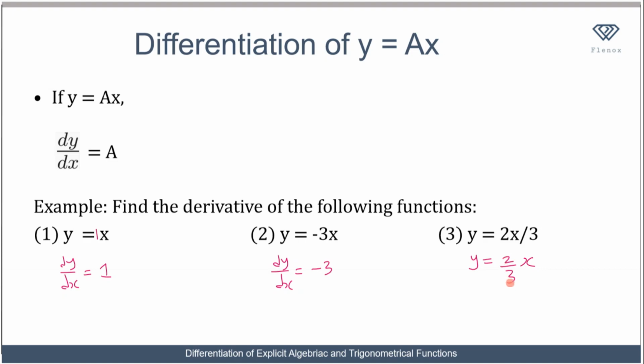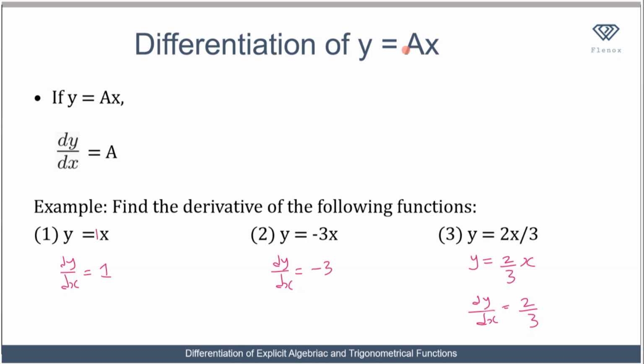So what is the coefficient? 2 over 3. So I can write dy over dx to be equal to 2 over 3. So when I have a function in terms of a coefficient and x, the derivative of that function will just result in the coefficient of x.